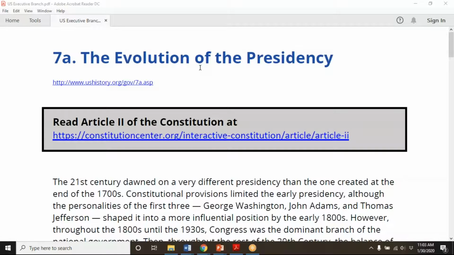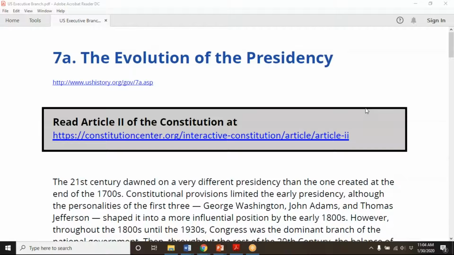So the Constitution gives us a blueprint as they designed it 200 years ago, and then that changes over time. In real life, the powers and duties and expectations of the presidency, just like Congress, just like the courts, evolve over time, and so we're going to look at that.